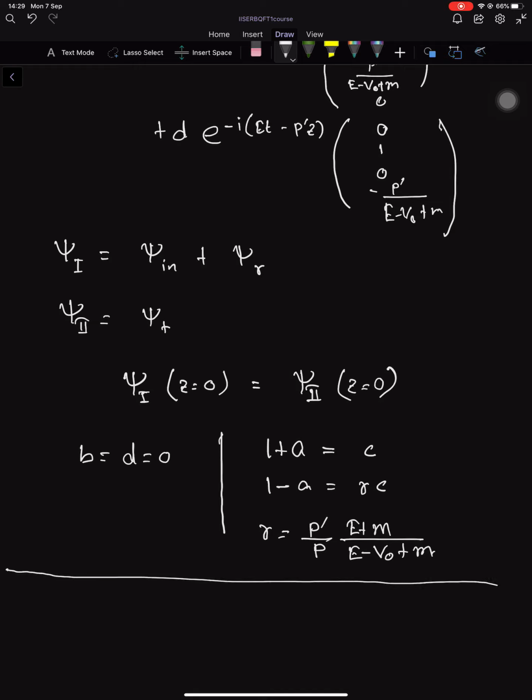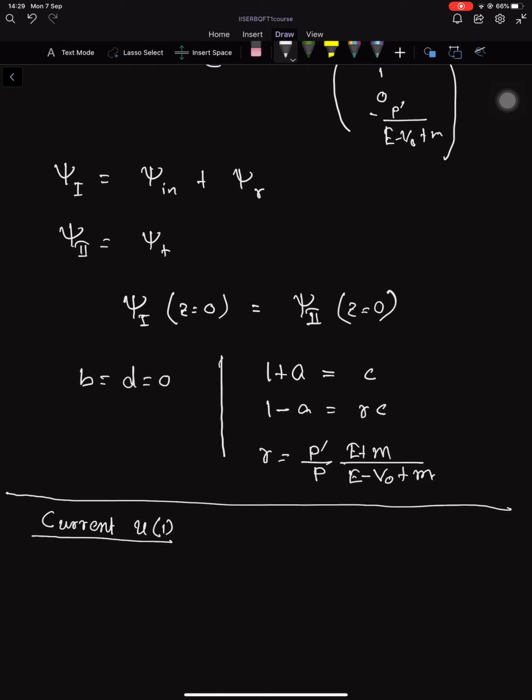Now again we can compute the current, the U1 current. In this case the Dirac current is defined as J mu equals psi bar gamma mu psi.